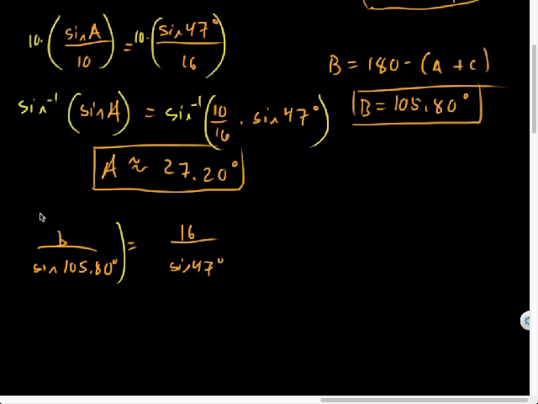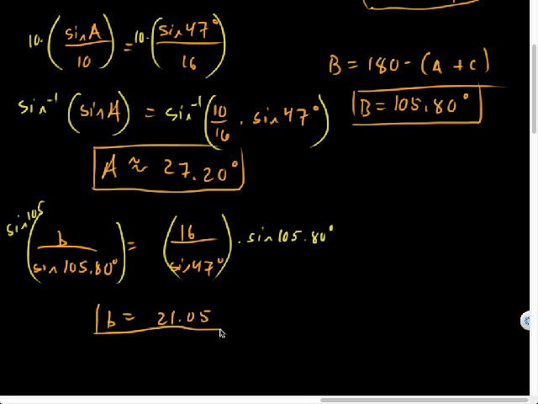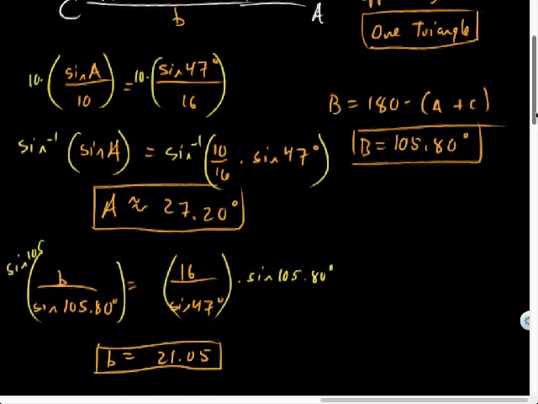So to solve, I'll multiply both sides by the sine of 105.8. And little b is equal to 16 times sine of the second answer, close parentheses, divided by sine of 47, close parentheses. And I get 21.05. And yeah, so this one only had 1 triangle solution.